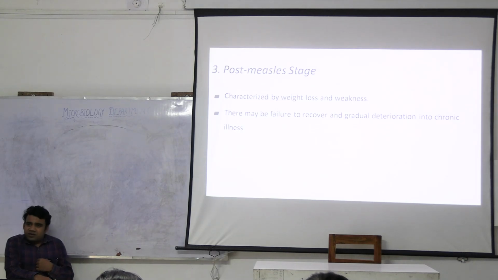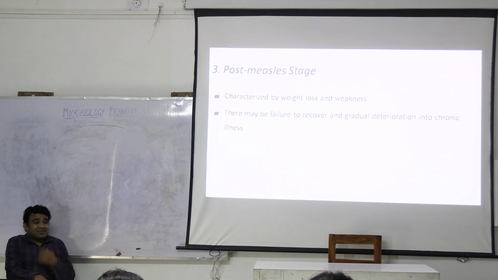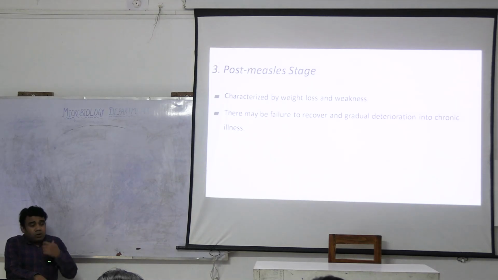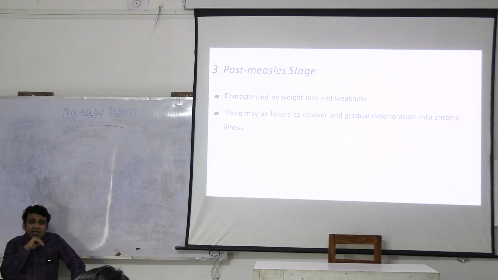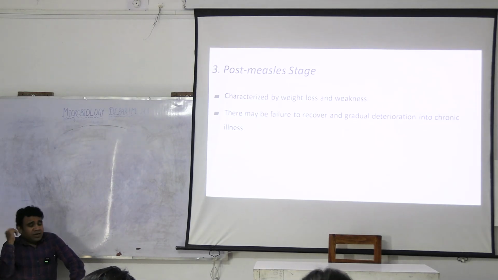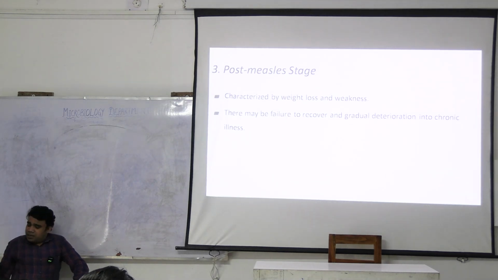But keep in mind, one more mucosal surface is also affected, that is the GI tract. Because the mucosal surface of the GI tract is affected, absorption of nutrients is affected during this 3-week period, and this may affect the growth of the child. The child may not gain weight, or may have weight loss with lethargy, weakness. These can be seen.